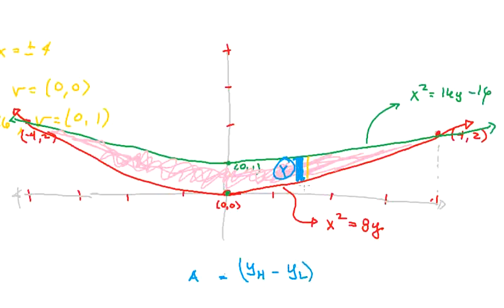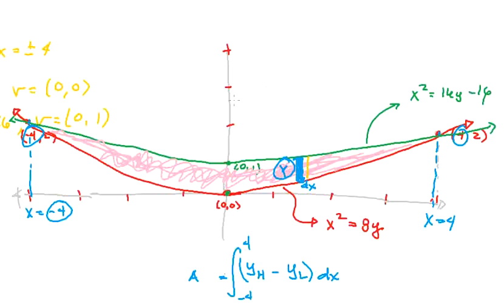Then we have the dx. Since we use dx, we need the limits from the lower limit x equal to -4 up to x equal to +4.